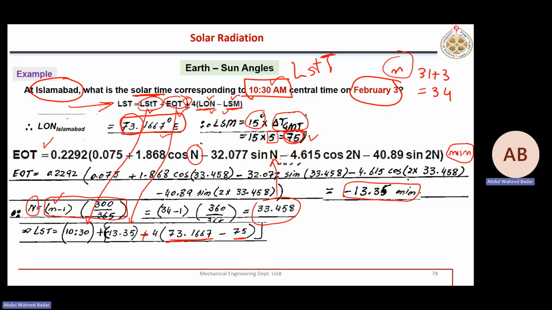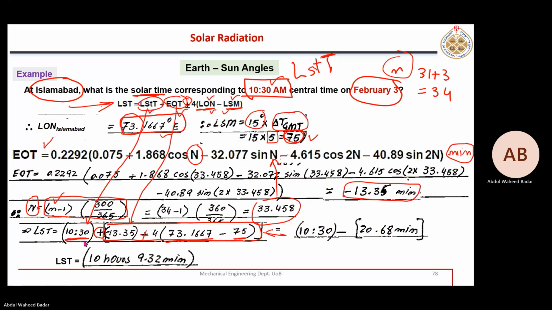Okay, so now first calculate this part. Whatever answer we get for this part, we will add it to this local standard time. So the answer of this is minus 20.68 minutes. The local standard time is 10:30, so you have to subtract 20.68.